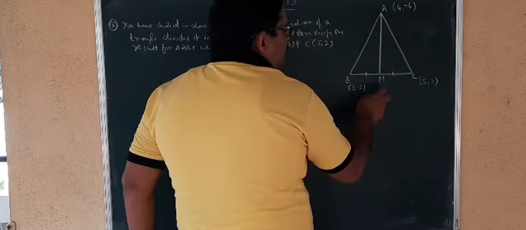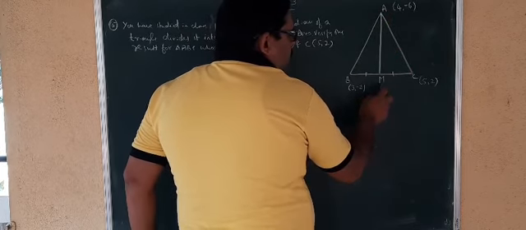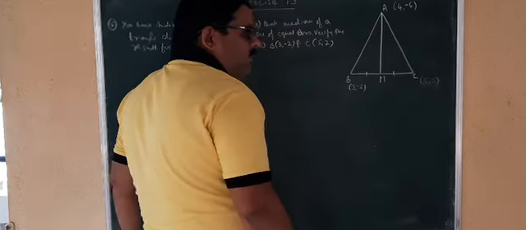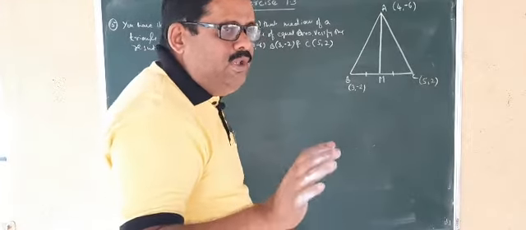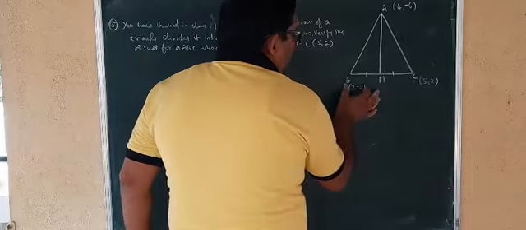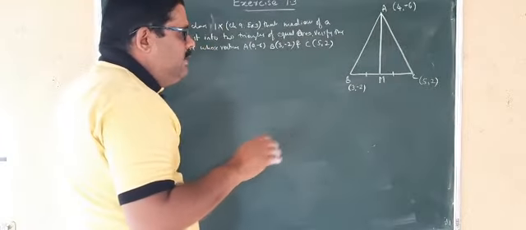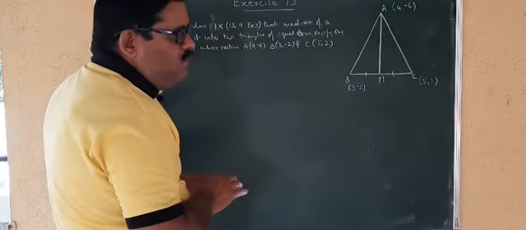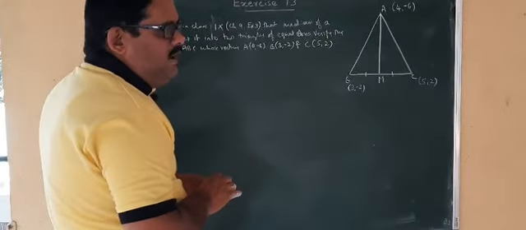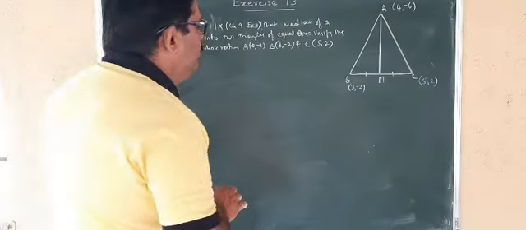For this purpose, we have to calculate the coordinates of M by using the midpoint formula. The midpoint formula says the coordinates of the midpoint are (x1 plus x2) by 2 and (y1 plus y2) by 2.